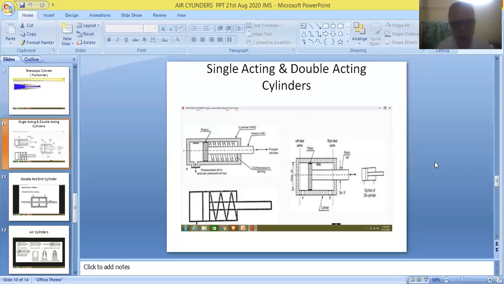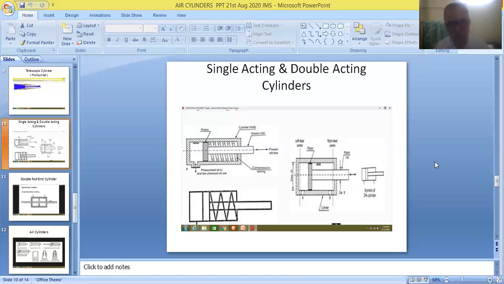So friends, a single acting cylinder has only one port, and two-way and three-way valves have only one outlet. Therefore, two-way and three-way valves are only suitable for controlling single acting cylinders. Similarly, in the case of a double acting cylinder, we put two ports, and therefore four-way and five-way valves will have two outlet ports.